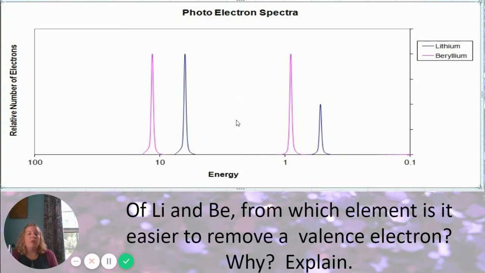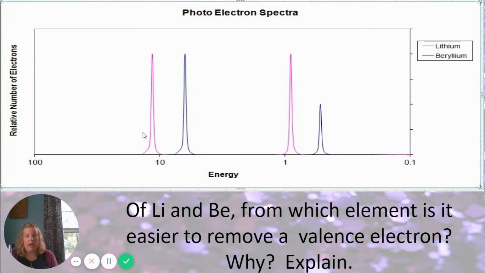When we talked about your PES diagrams, we always find the highest energy peak first and work our way out. In this case, the highest energy peaks are located around this 10 energy mark, and then we go down from there. These 2 electrons here represent the 1s electrons for our elements.